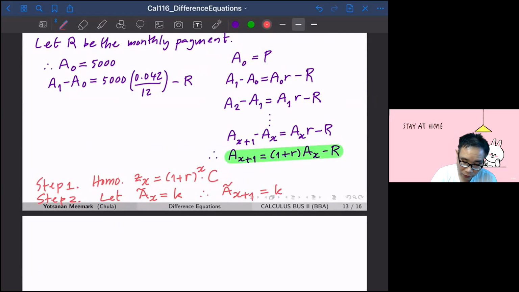So you get k equal to k times R, minus R. So you have to put them here. So it's going to be k equal to (1 plus R) k minus R. So you would get k equal to R over R.